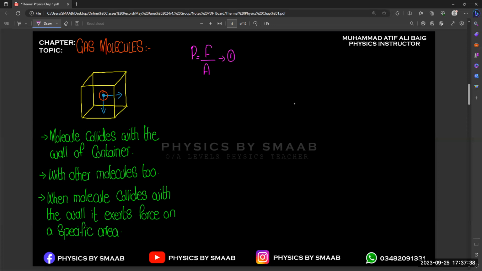So this will be the pressure of the gas molecules: force acting per unit area.